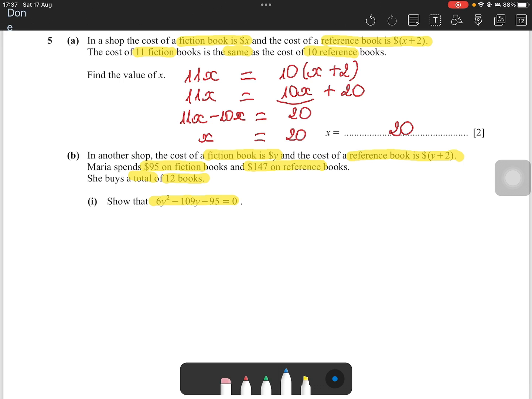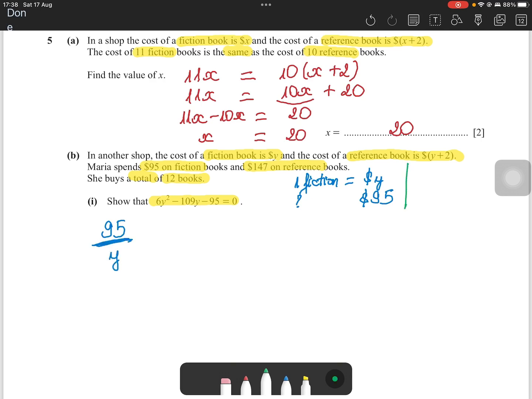So in this case, you know that one fiction book is Y dollars. So if you have $95, then you can buy how many fiction books? That would be 95 times 1 divided by Y. This is the number of fiction books.